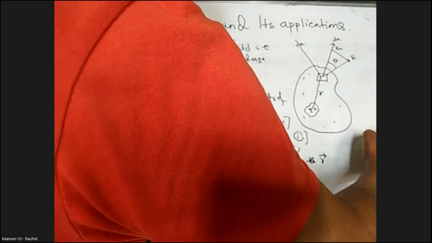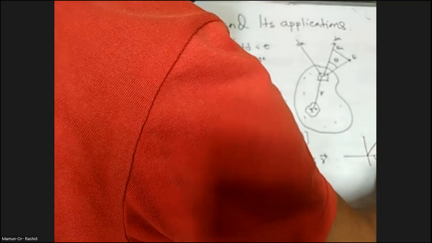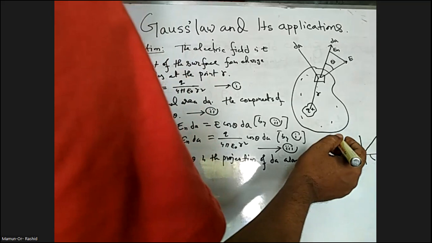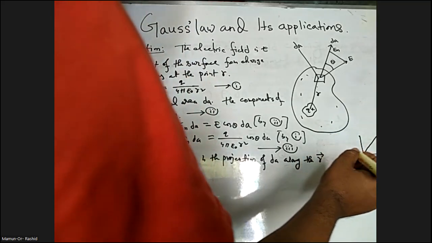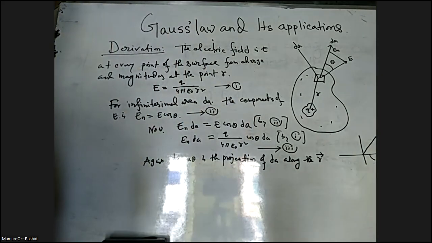That means like this, this is the dA cos theta, the projection along the radius vector r.